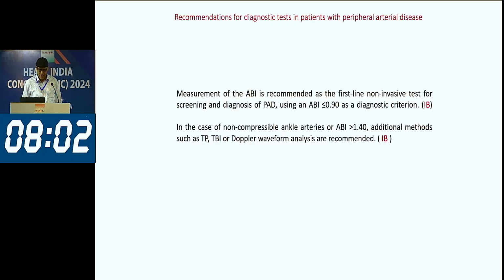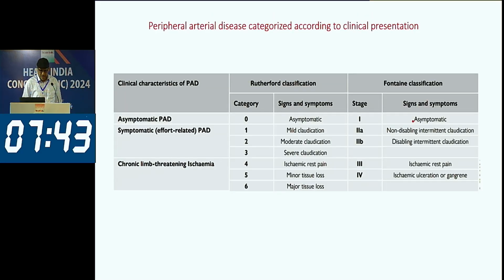The recommendation in the guidelines is class 1 for measuring ankle brachial index as a diagnostic criterion with a value of less than 0.9, and for patients who have more than 1.4, additional methods like toe pressure or toe brachial index or Doppler waveform analysis are recommended.